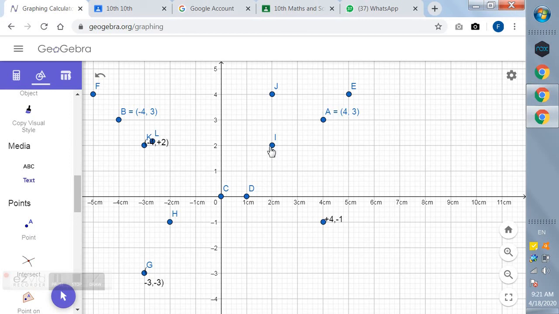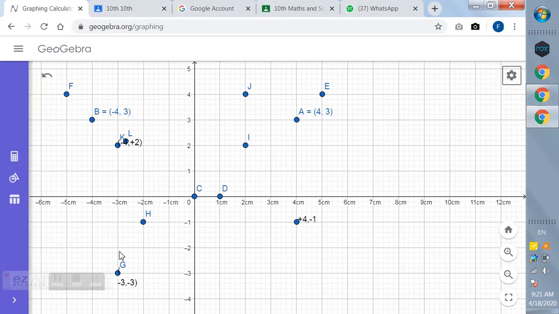One thing you would have observed is that all the points in the first quadrant, which is positive x and positive y axis, will always have positive x values and positive y values, while all the points in the second quadrant, which is this one here, will have negative x and positive y.